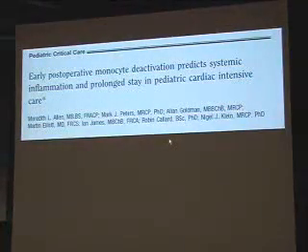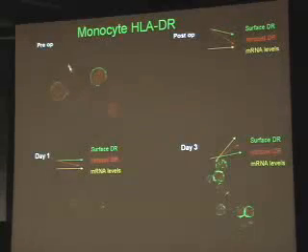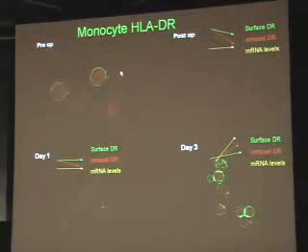This is some work from Meredith Allen on the cardiac unit at Great Ormond Street, looking at a cohort of post-op bypass cases. And this is HLA-DR stained on the surface of monocytes. Preoperatively, plenty of it around. Postoperatively, it's disappeared and takes a day or two before it comes back up.